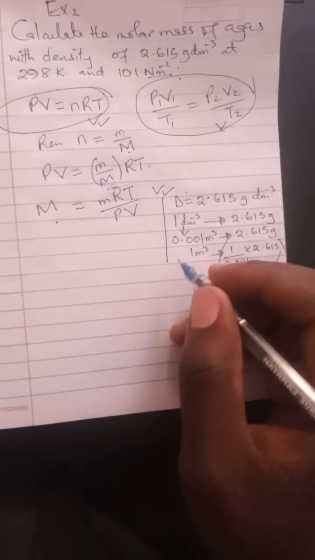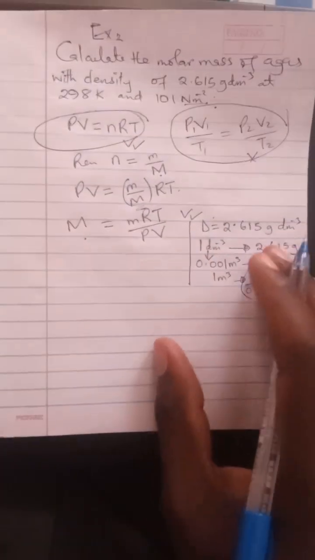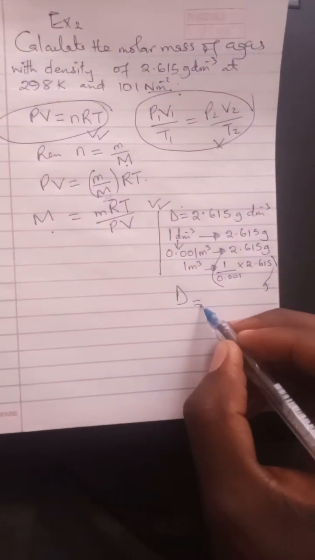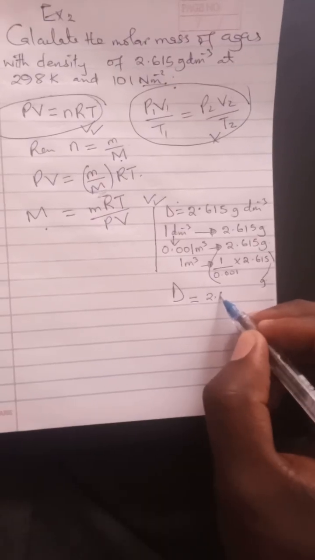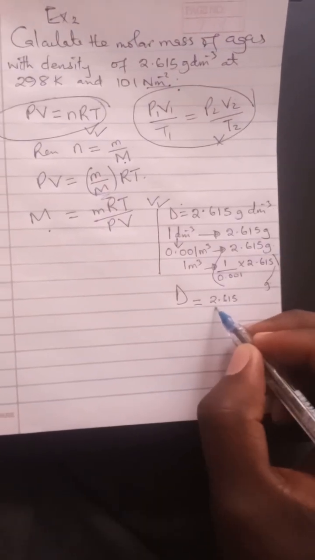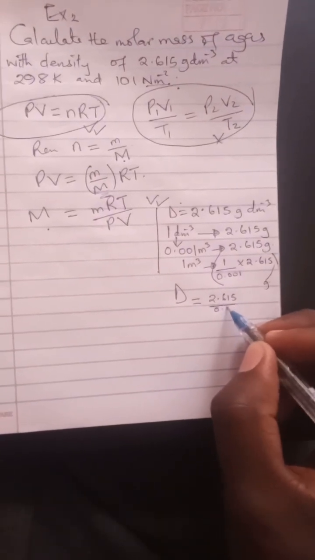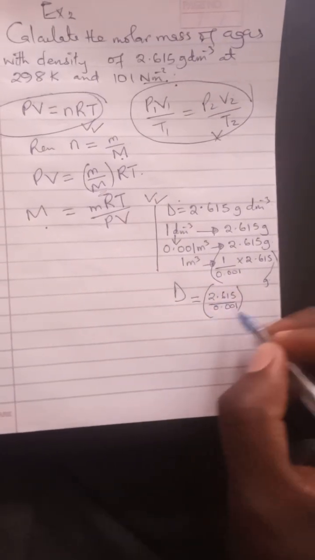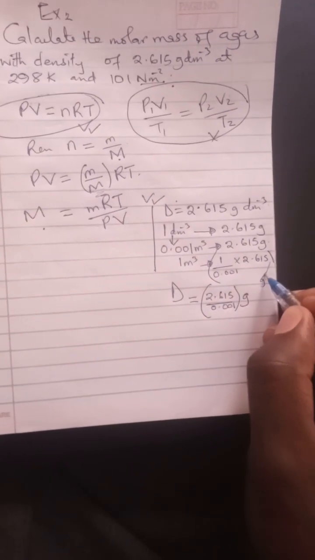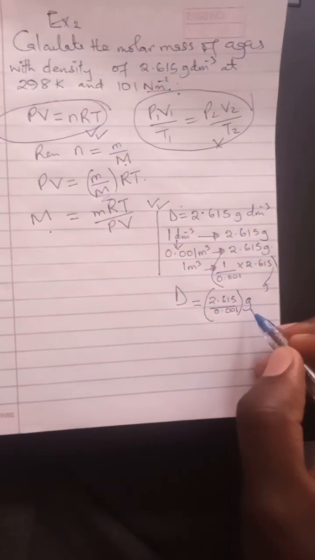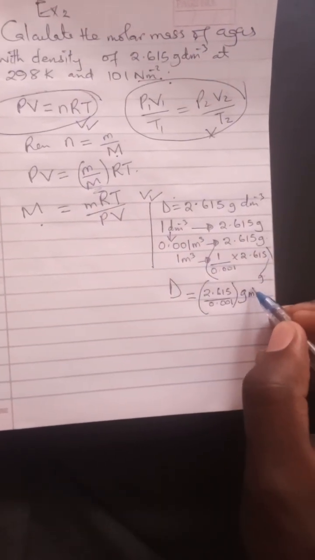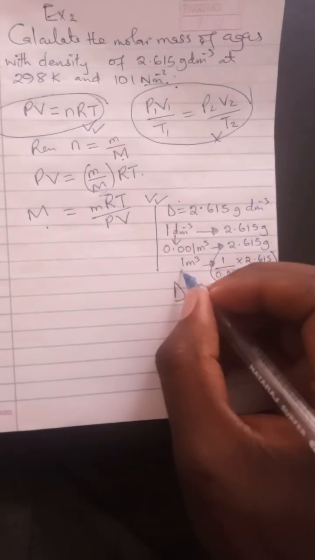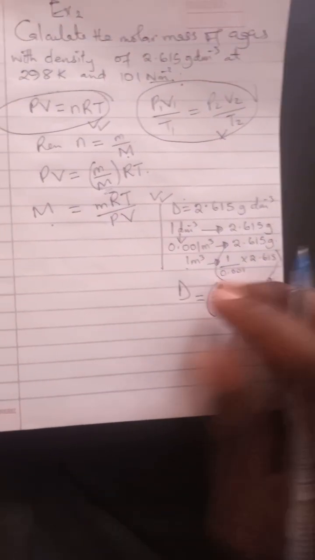So ideally, we'll have our new density equivalent to 2.615 divided by 0.001. This is now grams per cubic meter. For each volume, each one volume holds this mass.